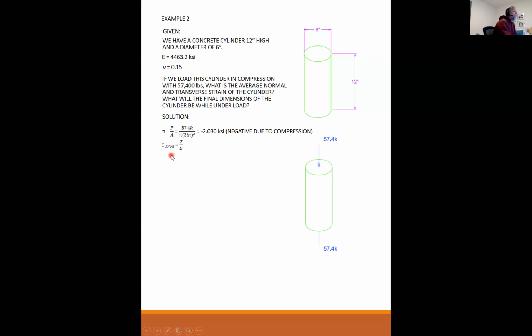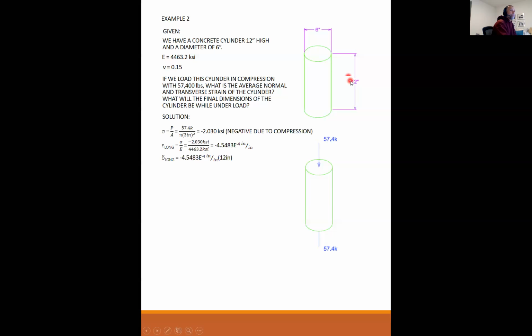Okay, so the strain, longitudinal strain, is stress over Young's modulus. So I have minus 2.03 KSI over 4463.2 KSI, and I have a strain of minus 4.5483 e to the minus fourth inch per inch, which is not a whole lot. Therefore, my deformation in the longitudinal direction is strain times length.